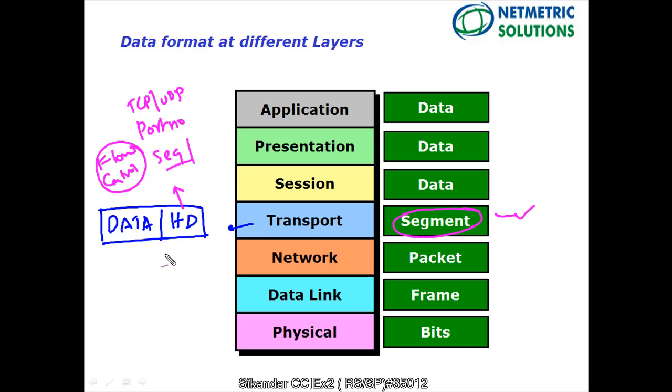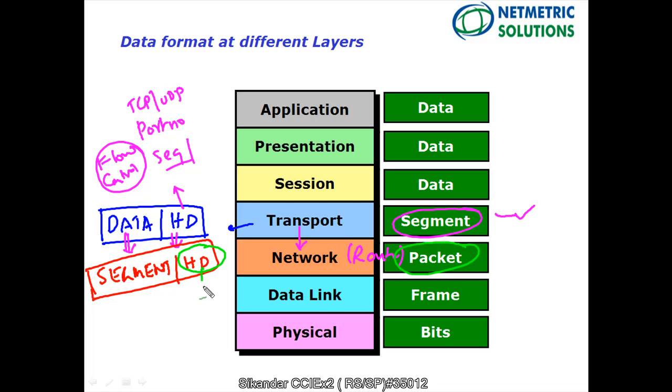So a segment is the existing data with some extra header information added. When it reaches your router, this segment is added with some extra header information again, and this format of the data we call a packet.